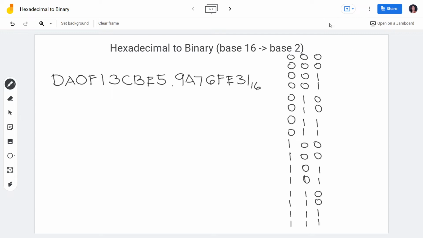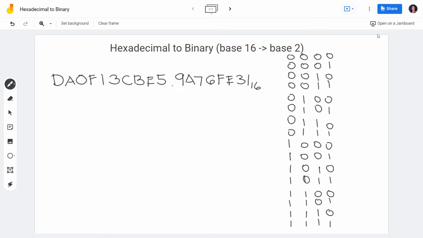And then last, 2 divided by 2 is 1. We have to put alternating zeros and ones.